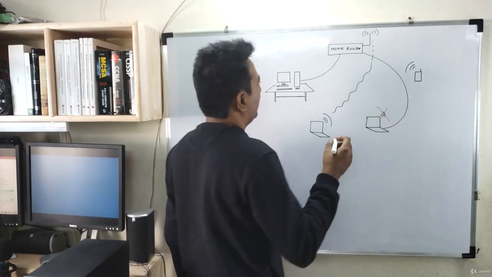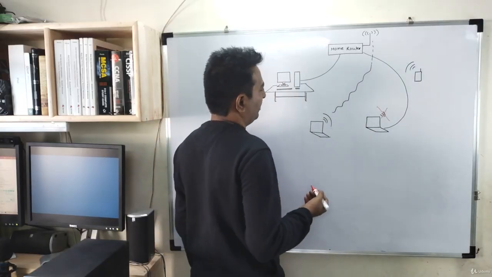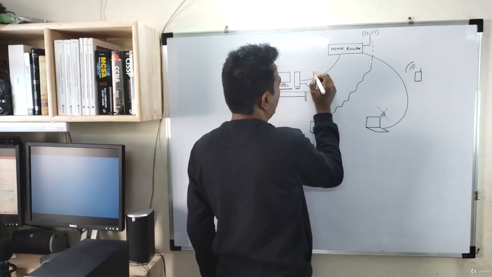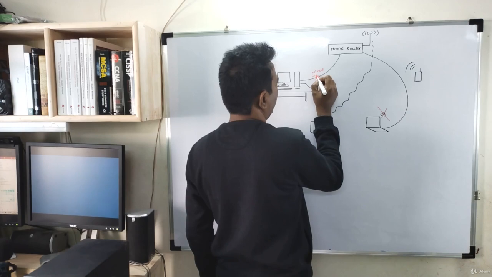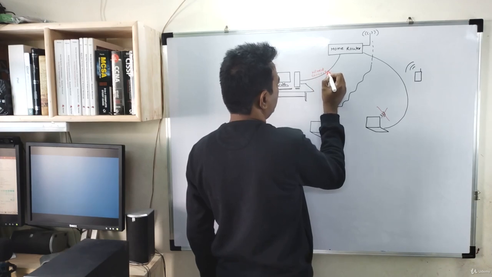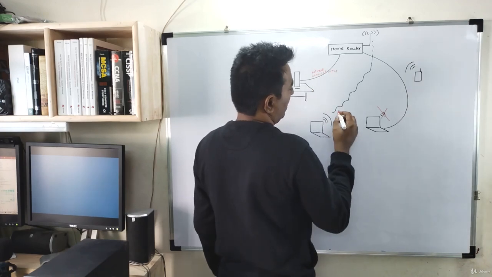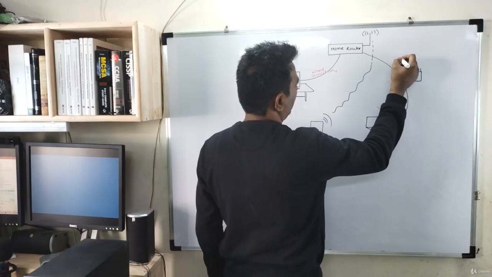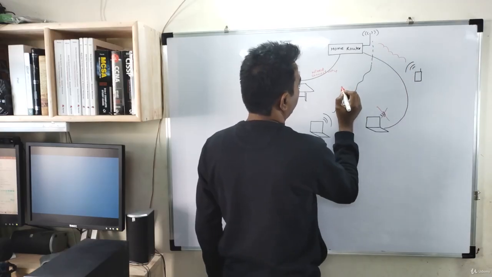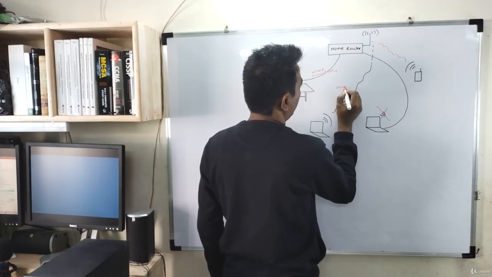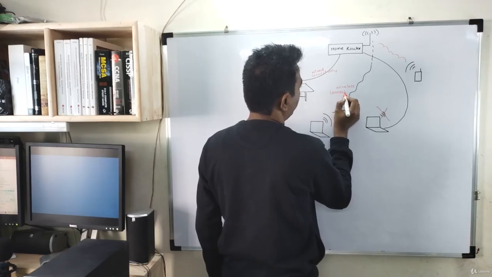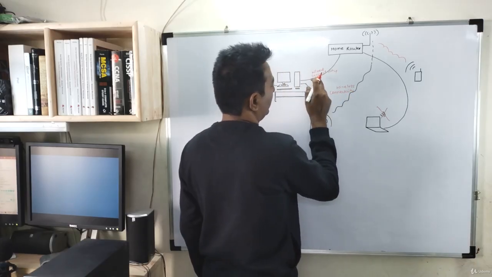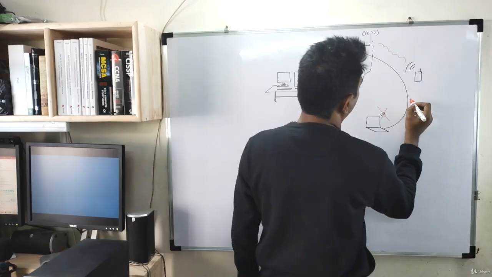So friends, if you look at this network, this is wired connectivity. This laptop and this particular mobile phone are connected using wireless connectivity. So this is wired, this one is wireless.